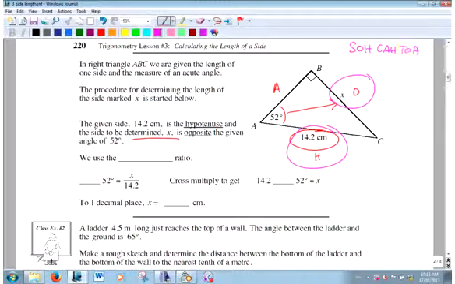Well, which ratio has hypotenuse and opposite? Sine does. There's opposite, there's hypotenuse. Okay? Tangent doesn't even have a hypotenuse, so that one's way out to lunch. Cosine, we need the adjacent and the hypotenuse. Okay? So the sine ratio is the one I want to use.